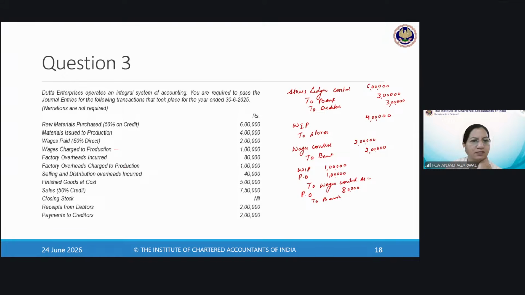Factory overheads charged to production, 1 lakh. WIP to production overheads, 1 lakh.